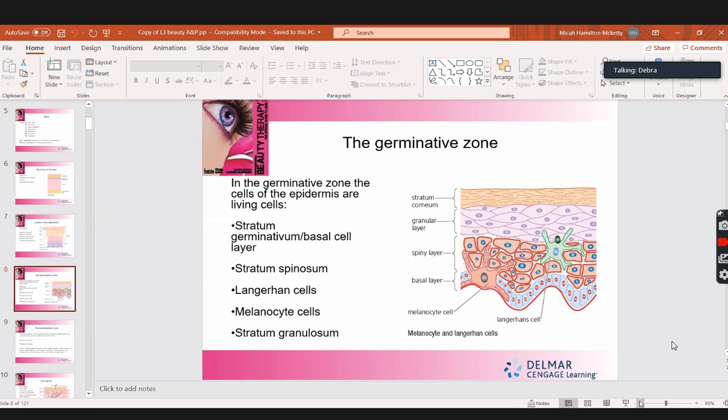The basal layer is where mitosis happens and you get new cells. But you've also got melanocytes. Melanocytes are what give us our color. They protect us from UV light.